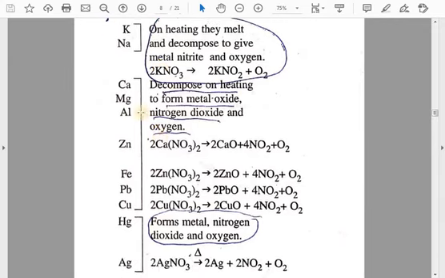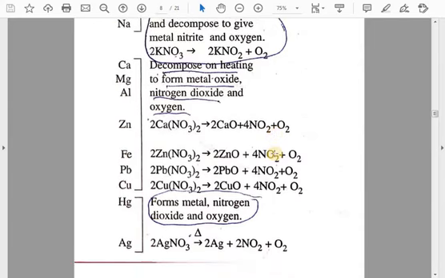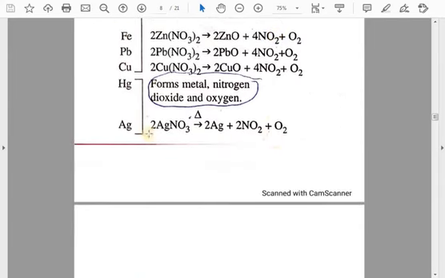Then the second category, calcium, magnesium, aluminium, zinc, iron, lead, copper. They decompose to form oxide, brown color nitrogen dioxide gas and oxygen. And third category, these form metal, brown colored nitrogen dioxide gas and oxygen.